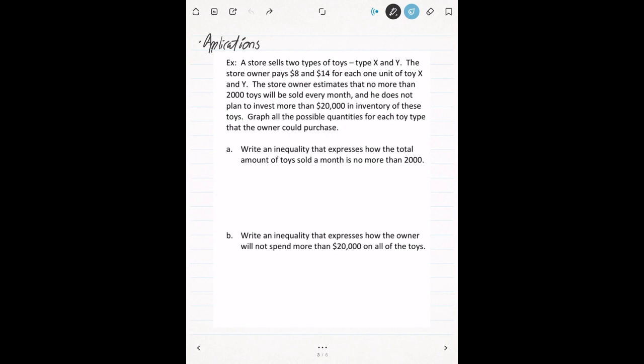So we can estimate we're not going to sell probably more than 2,000 toys in a specific month. And we decide, you know what? We don't want to invest more than $20,000 in inventory, meaning I don't want to buy more than $20,000 worth of these toys. Because otherwise, I'm spending way too much money and I might not be able to sell all of these. So here are some constraints we have.